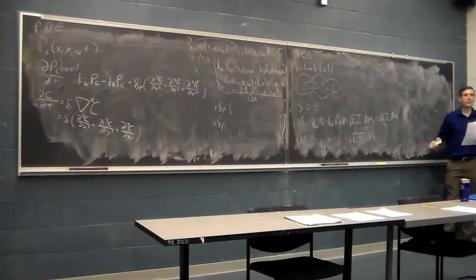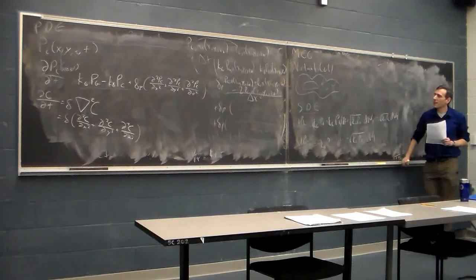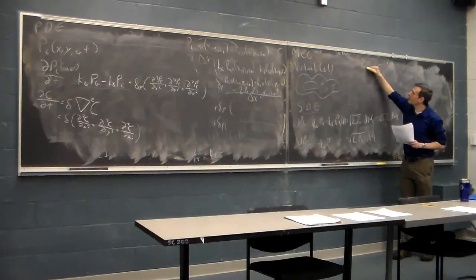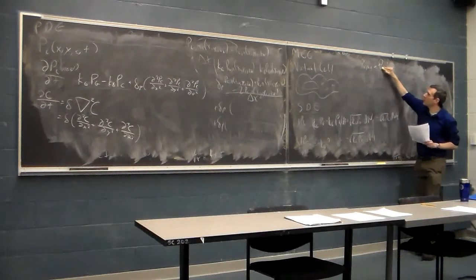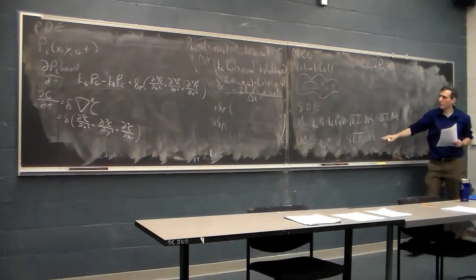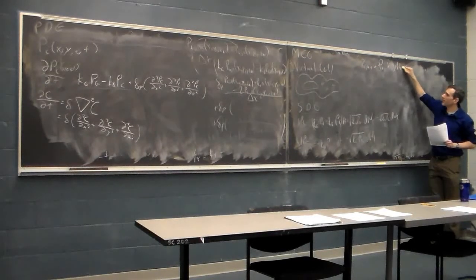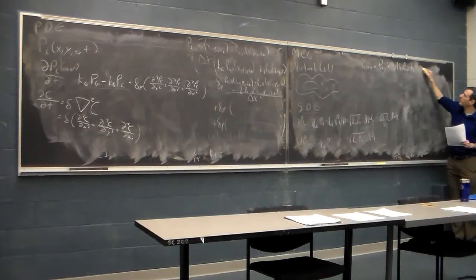But then if you wanted to simulate that, we would use the kinds of techniques we saw in the last class. So we would come up with an iterator that would look something like P sub c at step n plus 1 is P sub c at step n, plus a forward Euler term for the deterministic parts, so delta t k6, pg at step n, minus k8, pc at step n.